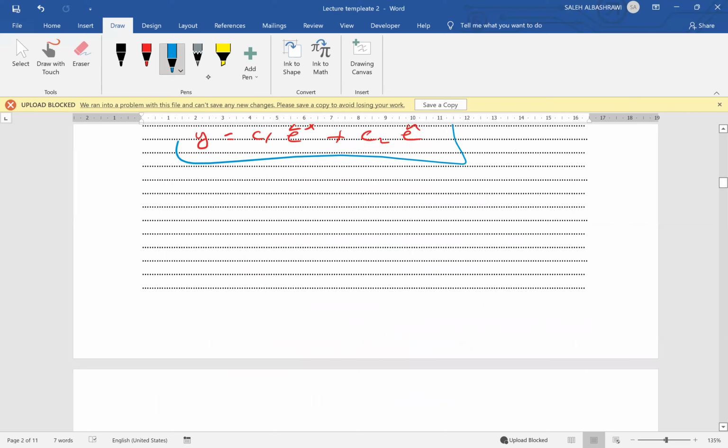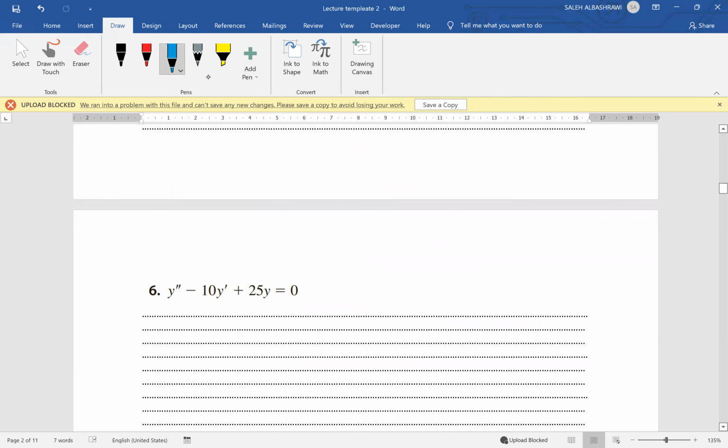One more example. y double prime minus 10y prime plus 25y equal to 0. The auxiliary equation for this one is m squared minus 10m plus 25 equal to 0.